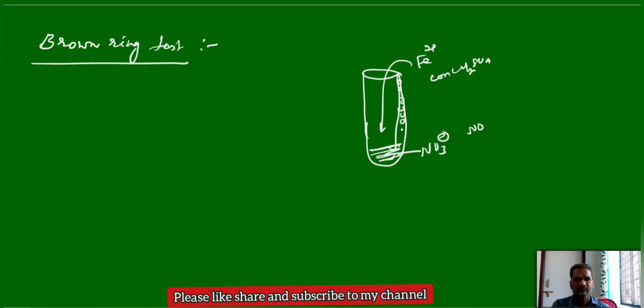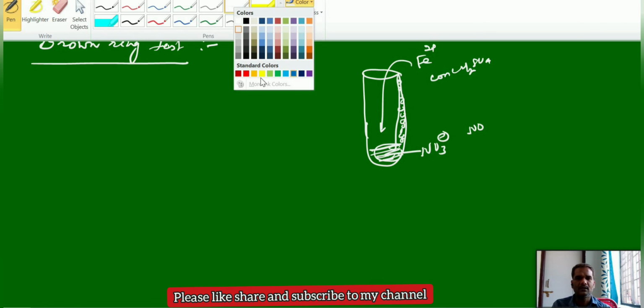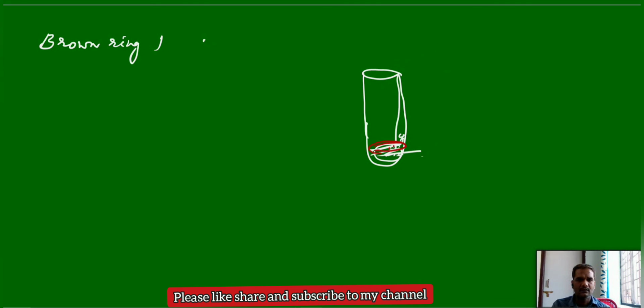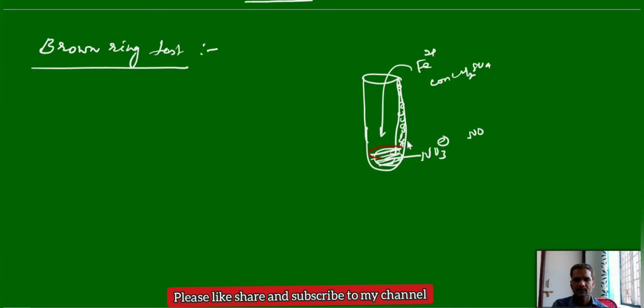When this sulfuric acid is in contact with this solution, immediately a brown color layer can be formed at the contact. Whenever we add concentrated sulfuric acid to the walls of the test tube, at the contact between the H2SO4 and that solution, a brown color layer can form.